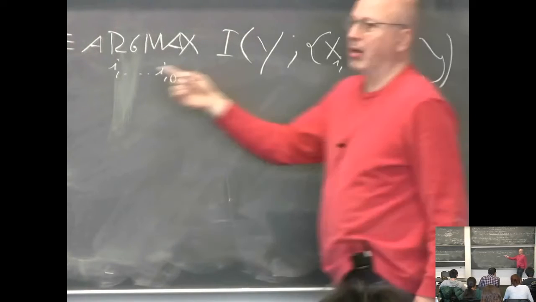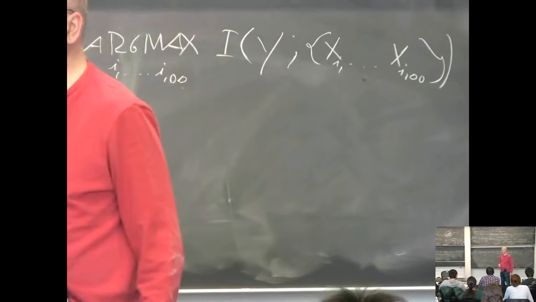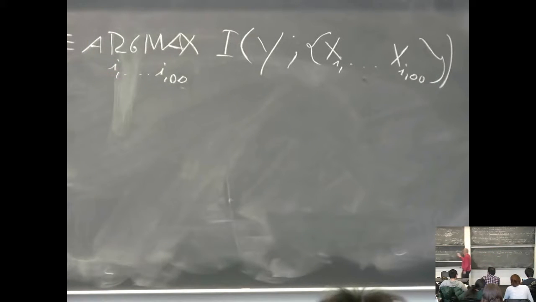Because these two are related to each other through the entropy of y. So when I talk about minimizing the conditional entropy, it's the same as talking about maximizing mutual information.